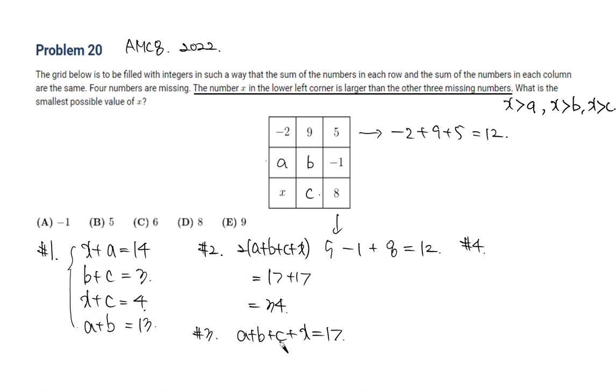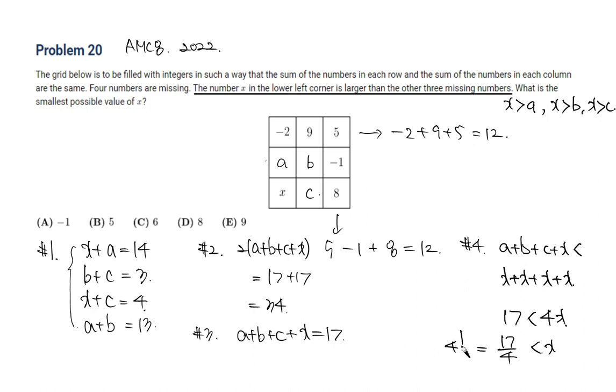So a plus b plus c plus x has to be smaller than x plus x plus x plus x. Right now we got 17 that is less than 4x. So x has to be greater than 17 over 4.